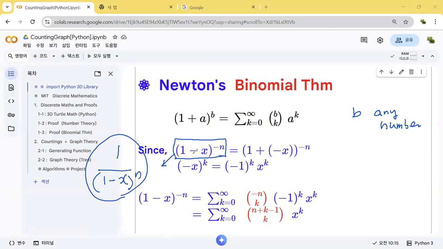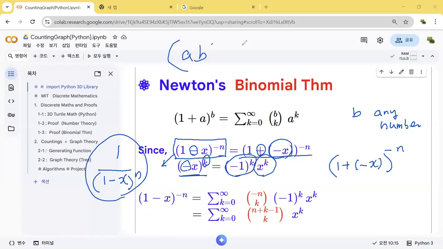This minus sign can be written as 1 plus (minus x). As you know, (minus x) to the kth power has the minus one come out, because (ab) to the s power is a to the s times b to the s. So this is (minus 1) to the k times x to the k.